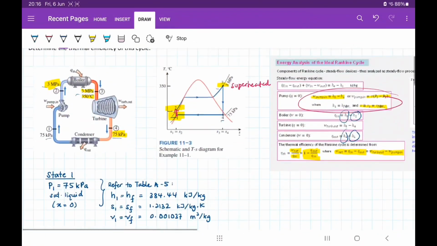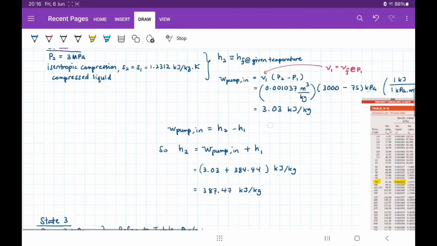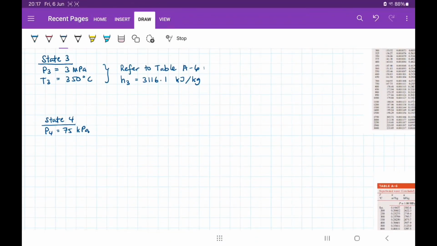When we look here, we know that it is 75 kilopascal, and you can see state 4 is basically a saturated mixture. So it will have a certain quality, right? Because we don't have enough information, we just know that it is a saturated mixture, but we don't know the quality, so we cannot actually find what our enthalpy is.